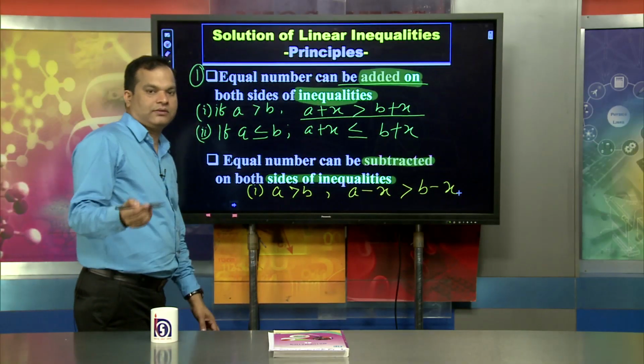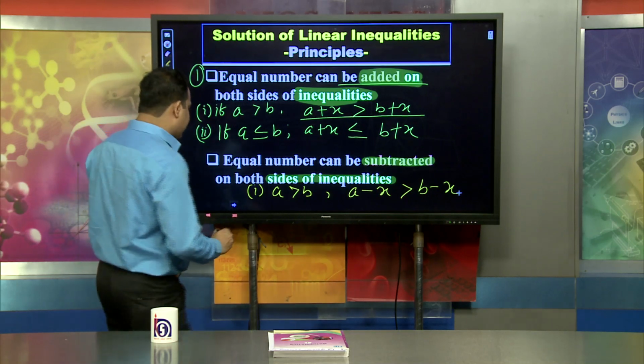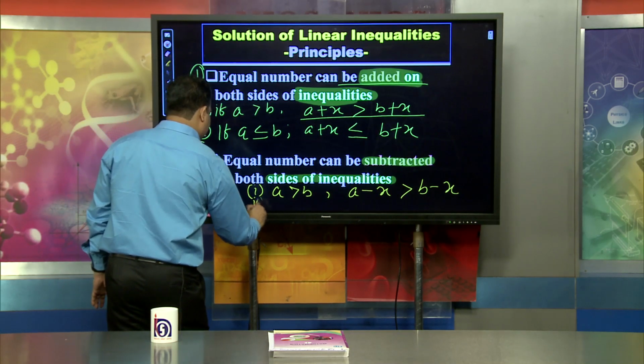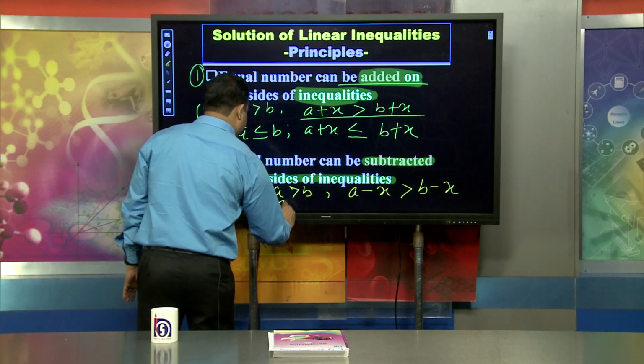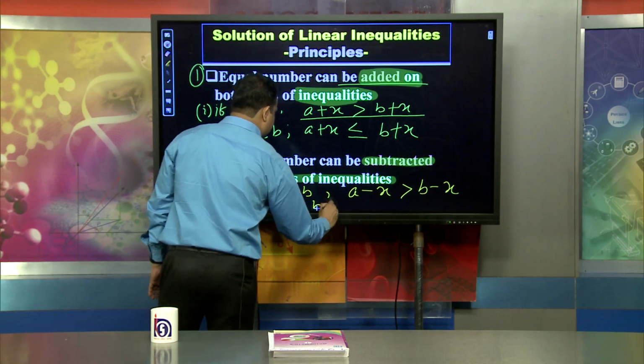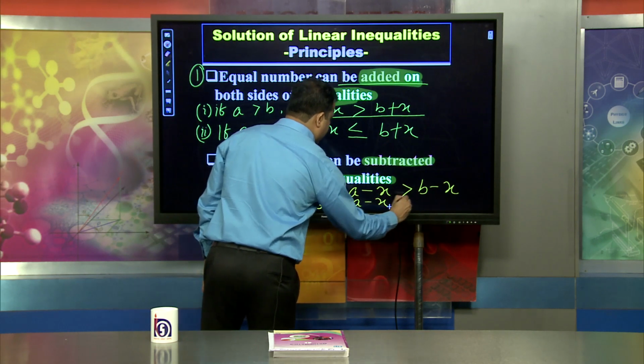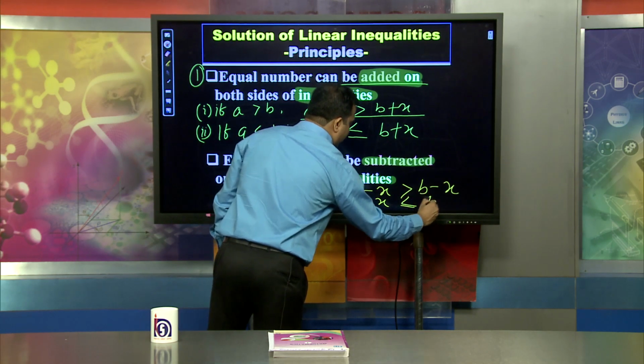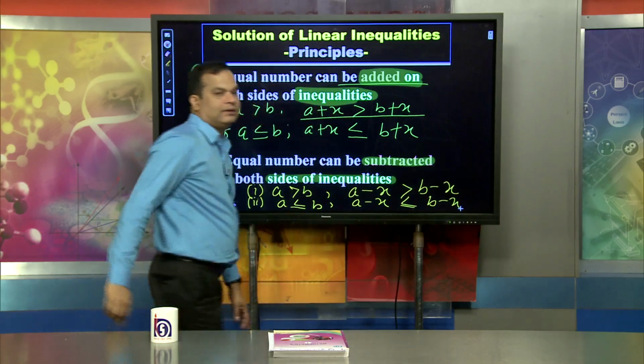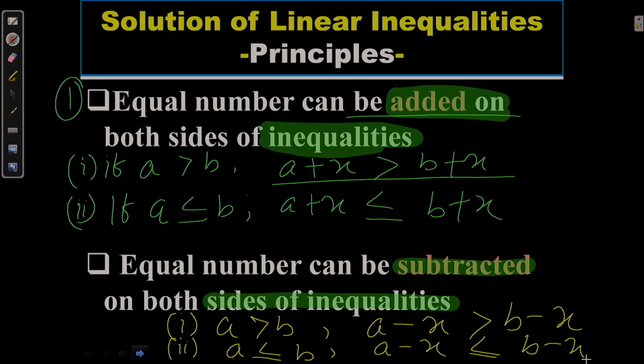We can subtract on both sides. And the second condition: if A less than or equal to B, then A minus x is also less than or equal to B minus x. This is the second property, or second principle, of linear inequality.